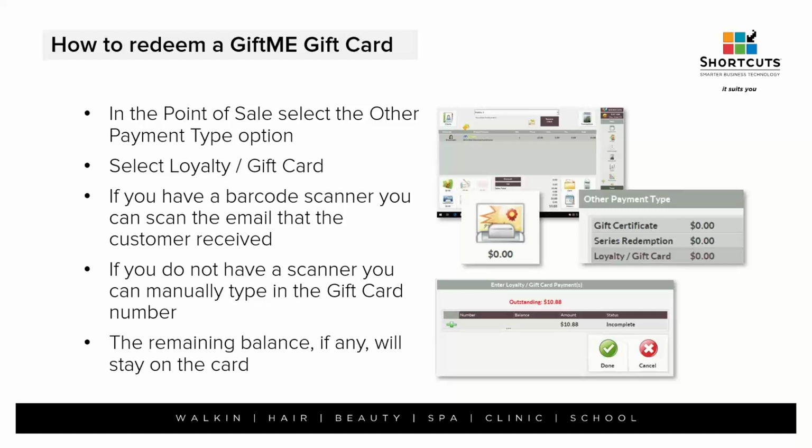And you can scan in the barcode if you have a barcode scanner, or you can just type in the number that appears in the email. So Shortcuts will recognize, oh, okay, this card is worth 100 or 200, whatever the value is, and it'll deduct that amount and leave the remaining balance on the card or on the online card. So the staff will check it out as if it was a physical gift card.